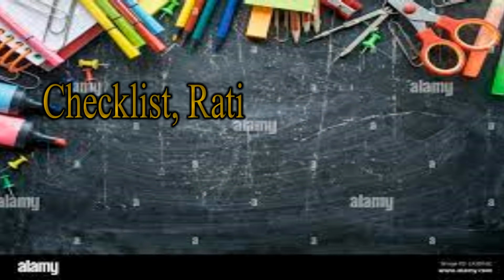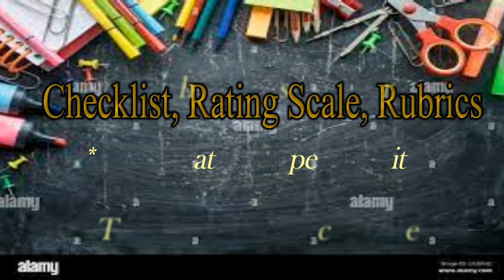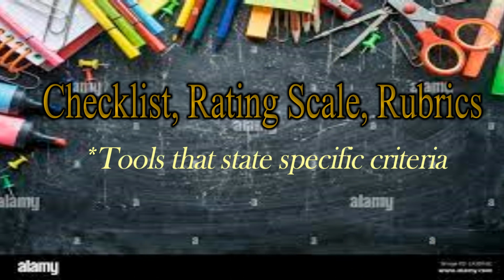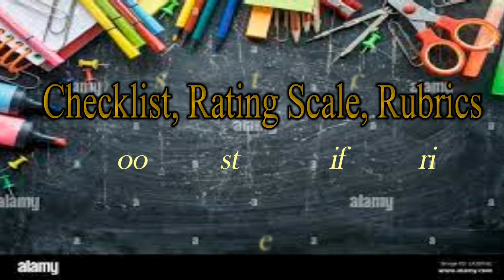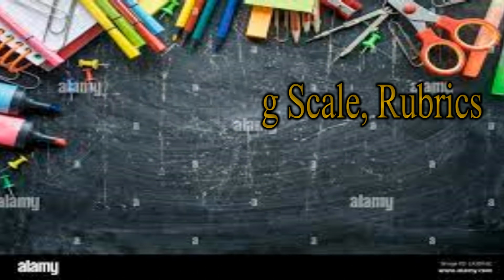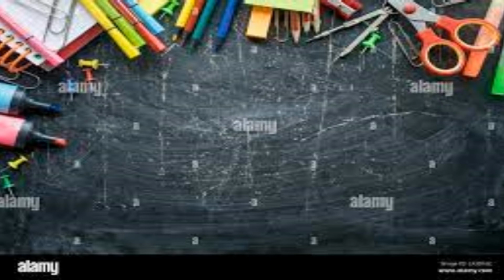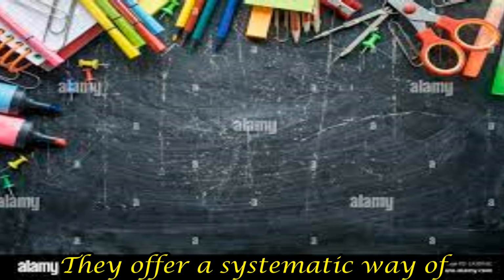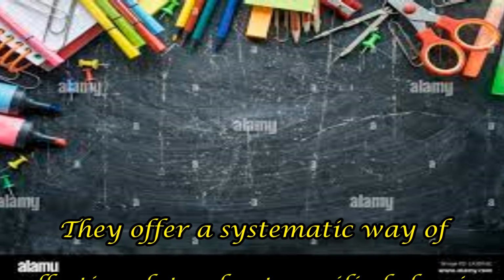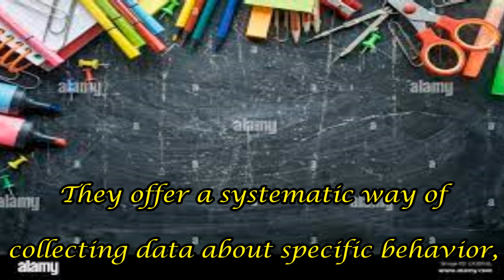So the checklist, rating scale, and rubrics are tools that state specific criteria and allow teachers and students to gather information to make judgments about what students know and can do in relation to the outcomes. Also, they offer a systematic way of collecting data about specific behaviors, knowledge, and skills.